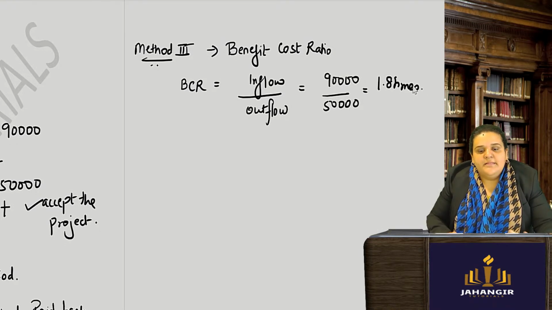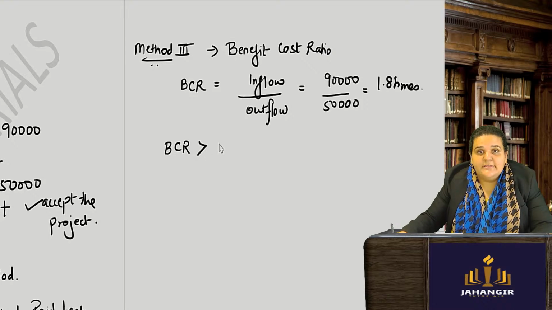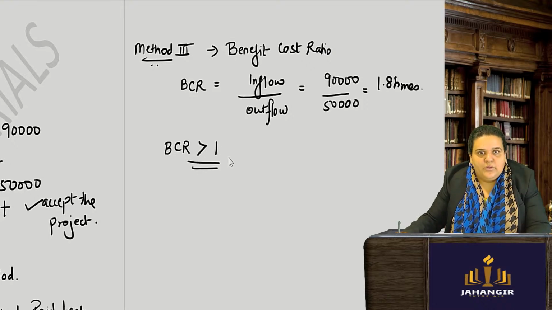Easy, simple, these are the 3 methods which we look at. Benefit cost ratio here is greater than 1. Generally, 1 is the standard ratio. Since it is greater than 1, I will accept the project.